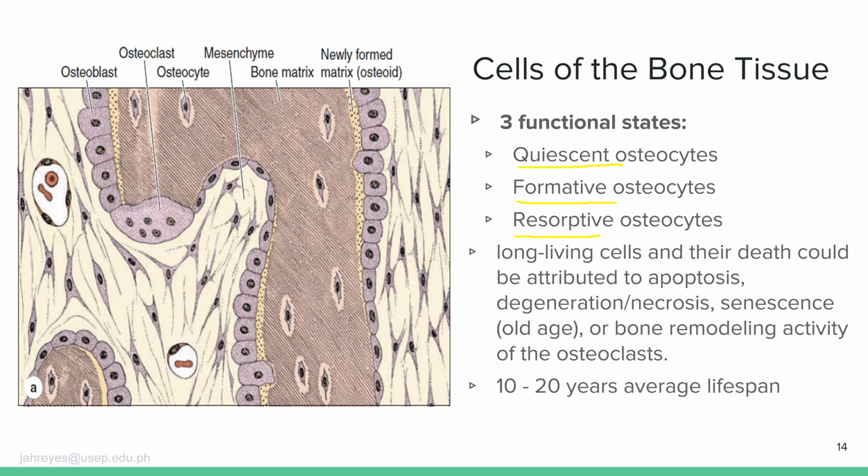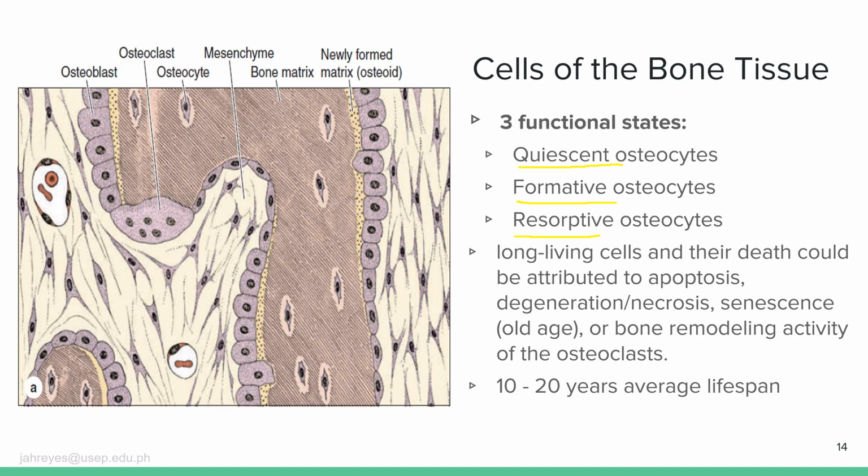These functional states are classified according to the morphology of these cells, and they can also be identified based on their appearance under electron micrographs.